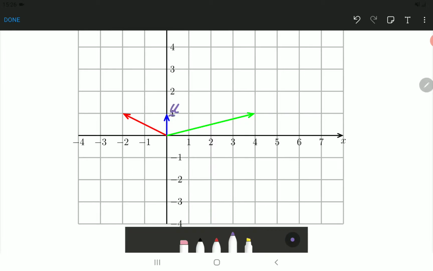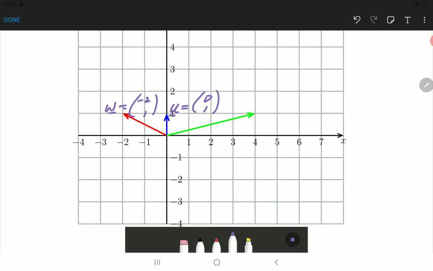That is our vector u, and this is our vector w. Remember, u is 0, 1, w is minus 2, 1.